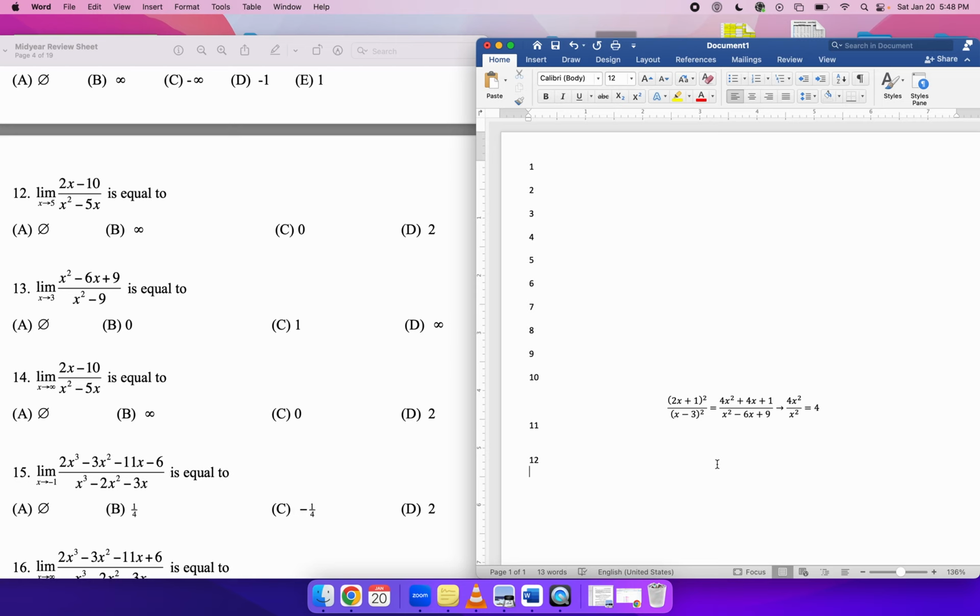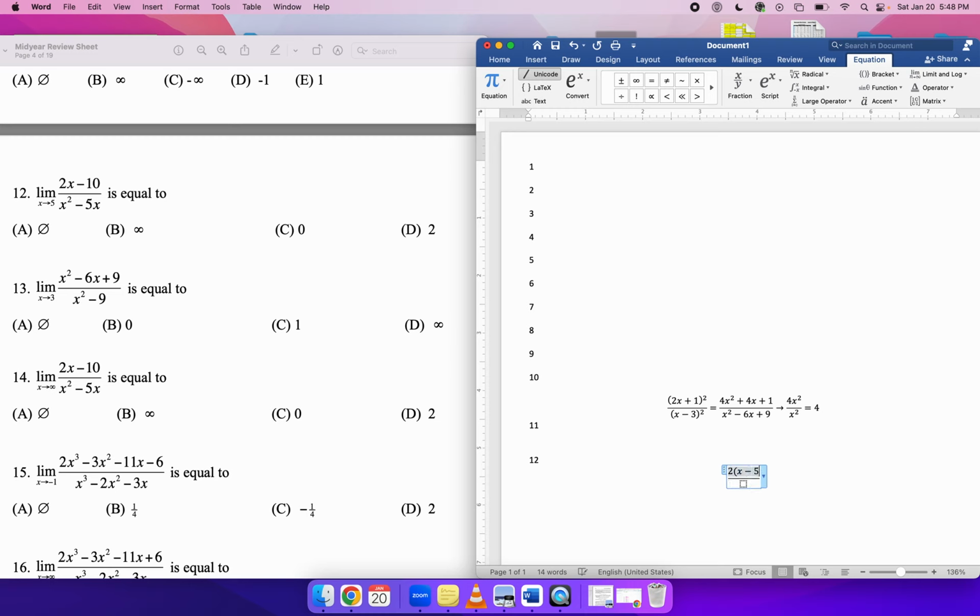Either way is fine. I think this can be factored as 2 times (x minus 5) over x times (x minus 5). The x minus 5's cancel, and so that just becomes 2 over x.